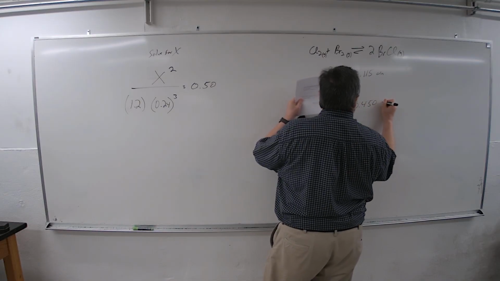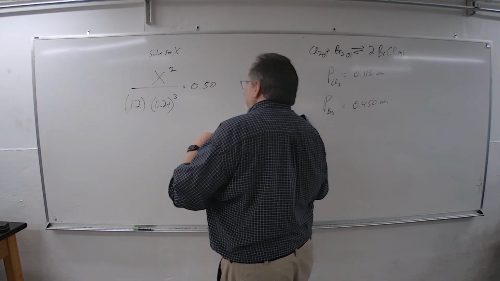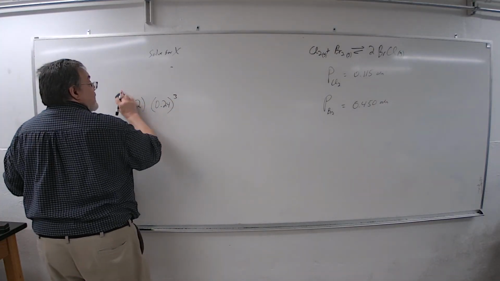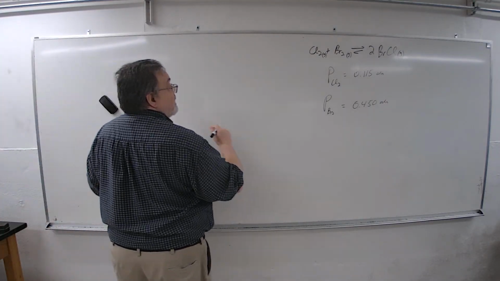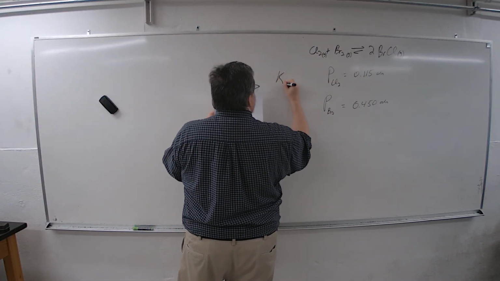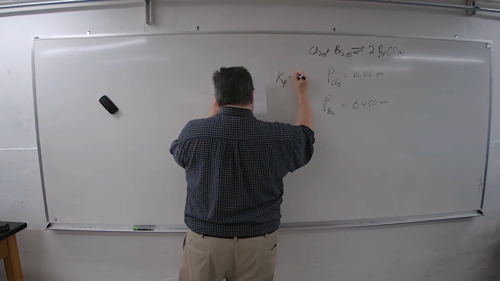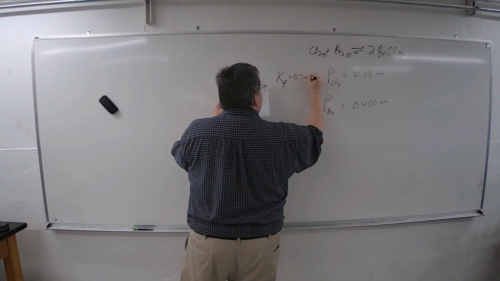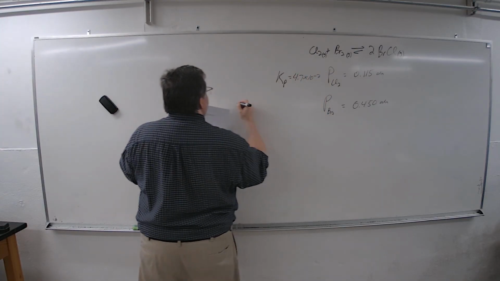If it's atmospheres, we just do the same thing. Yeah, it's literally the same thing, but the formula you're going to write now is with P. So instead of Kc, I'm going to say Kp. It's 10 to the negative 2.